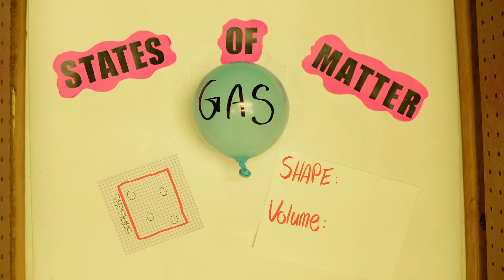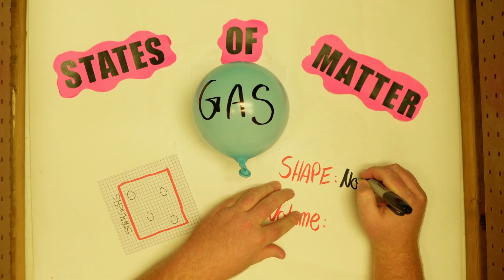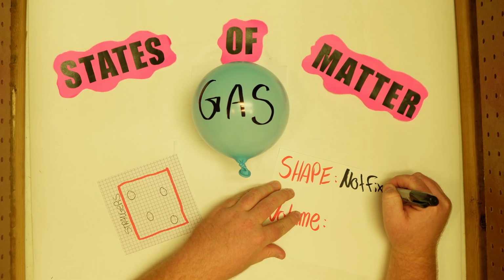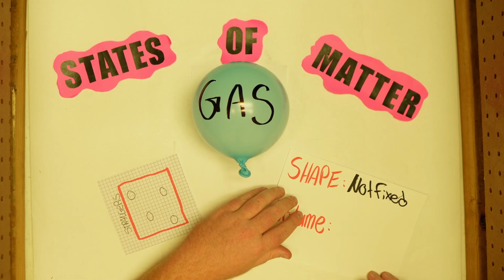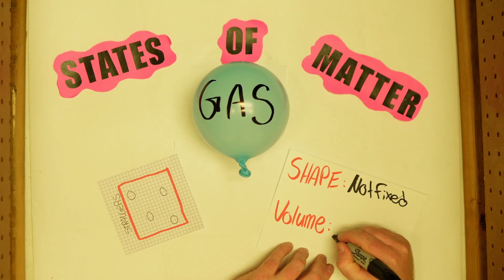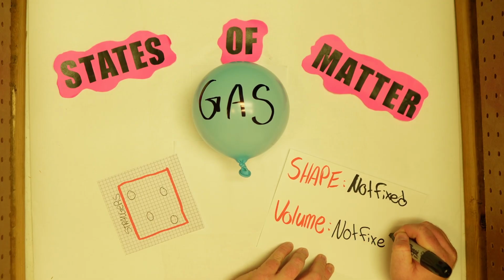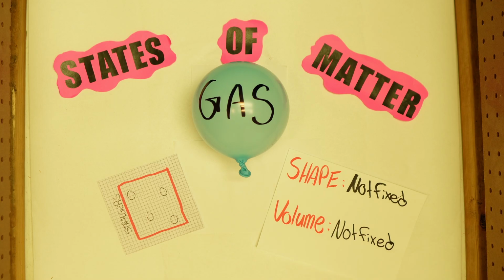Well, just like liquids, the gas's shape is not fixed. It's going to change its shape based on what container it gets put in. But unlike liquids and solids, the volume of a gas is also not fixed. It will change too.